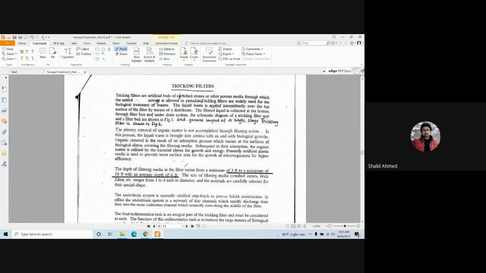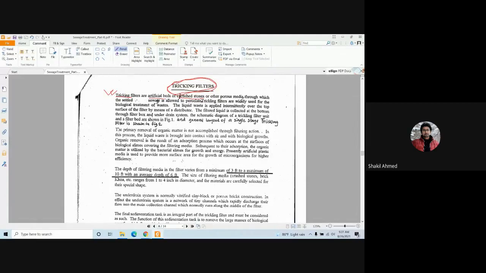Any other question, guys? No, sir. So our next topic is trickling filter. What are trickling filters? Trickling filters are artificial beds of crushed stones, like a filter media or other porous media through which the settled sewage is allowed to percolate.